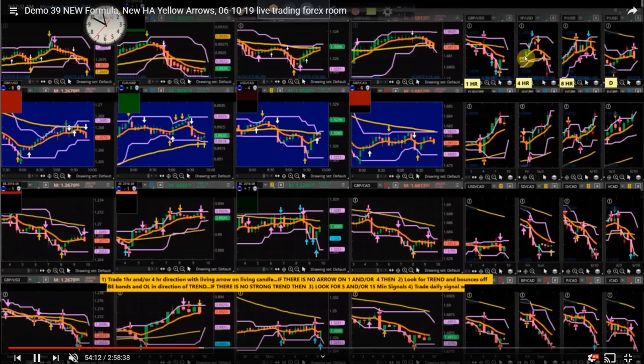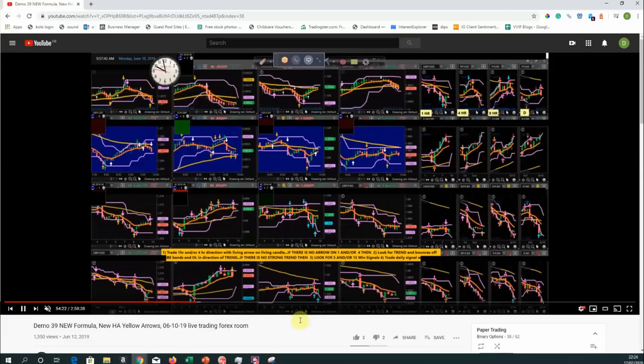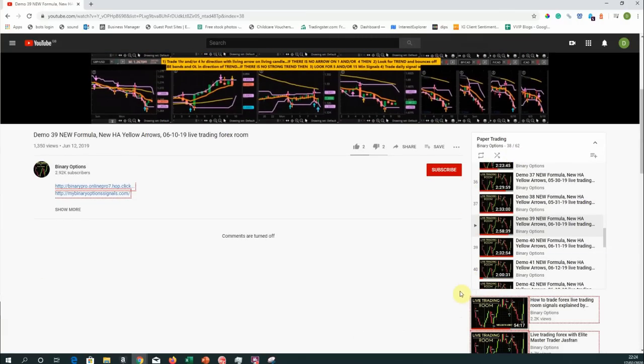Usually yellows or greens at the OLs. The setup's always the same. They have slightly different forms, but usually they're all the same. The system always gives us the signals, yeah?